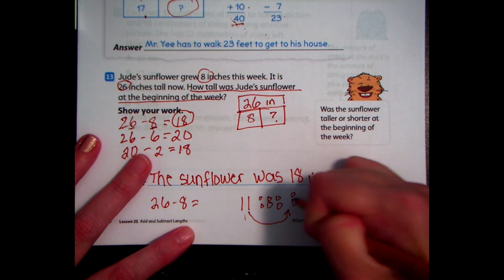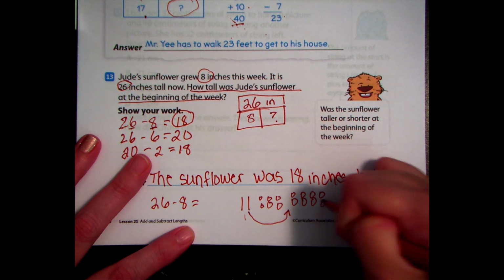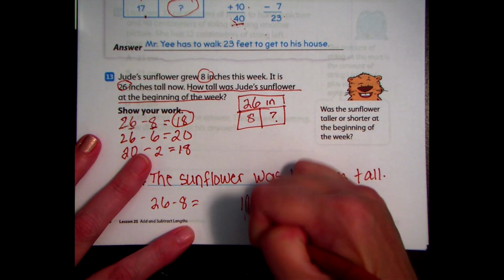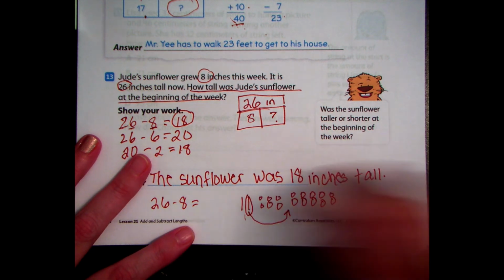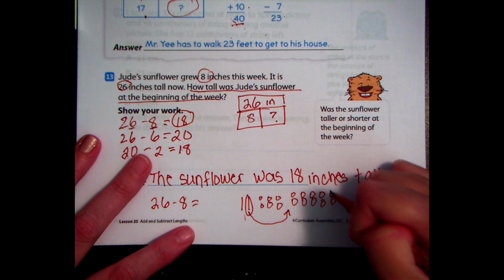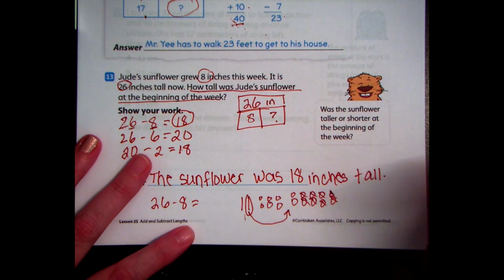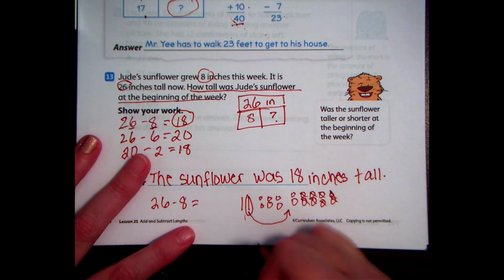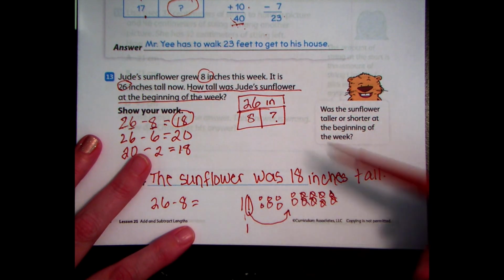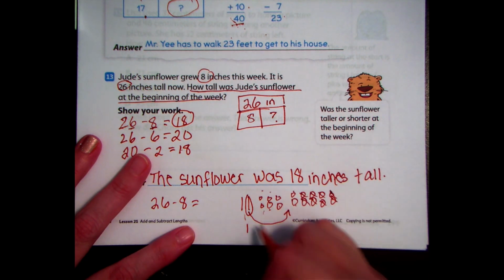So now I can take away my 8, which is 1, 2, 3, 4, 5, 6, 7, 8. And I'm going to count. I have 1 ten, and then 1, 2, 3, 4, 5, 6, 7, 8.